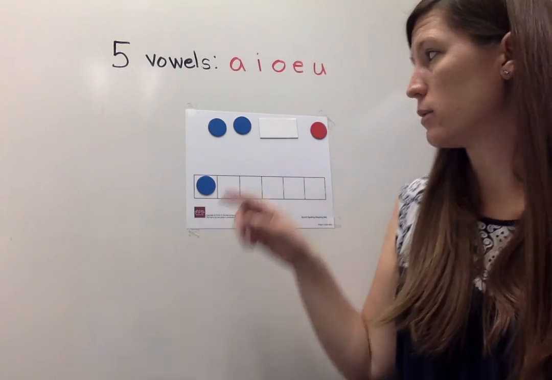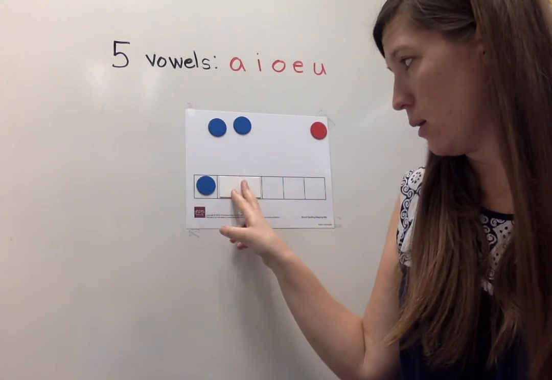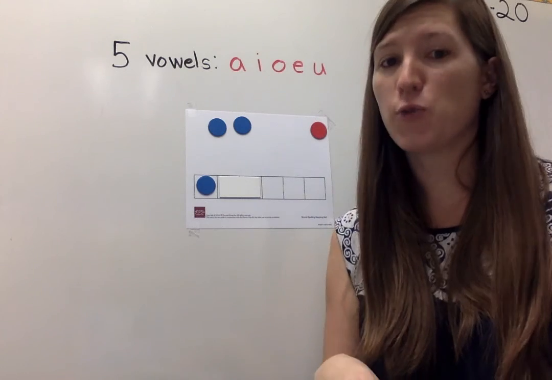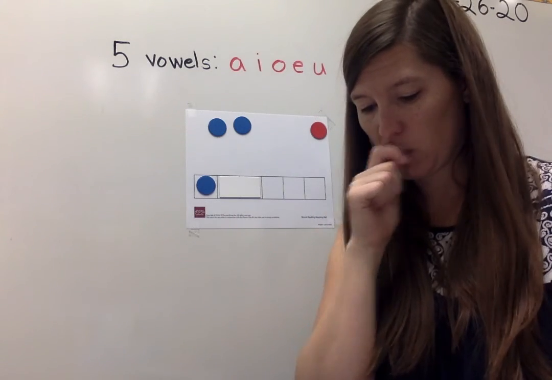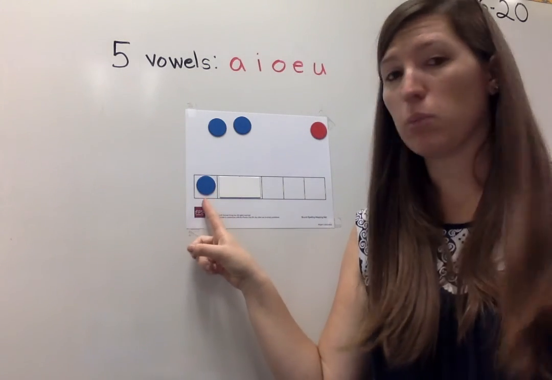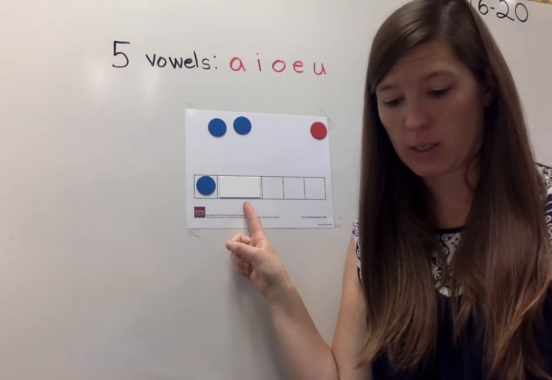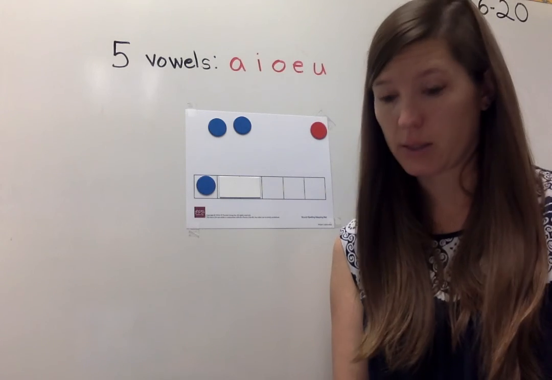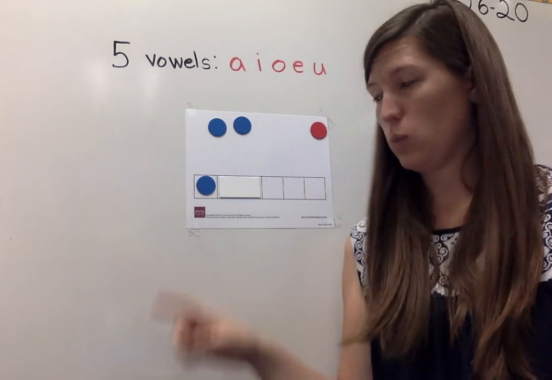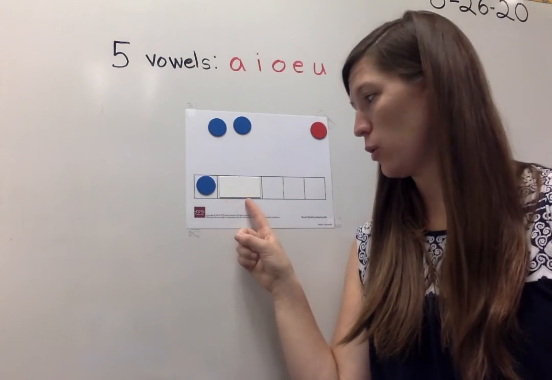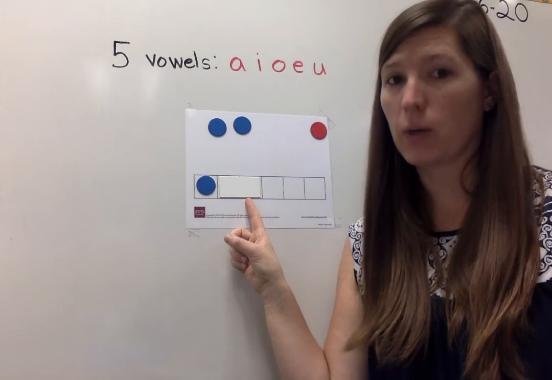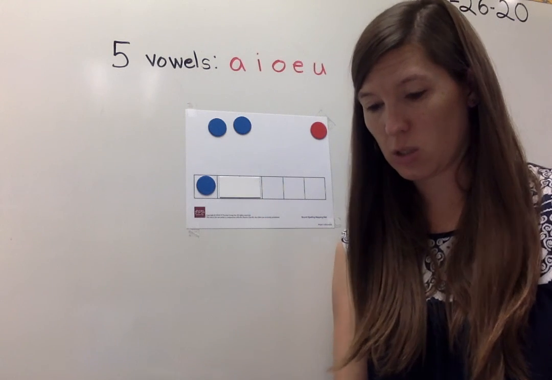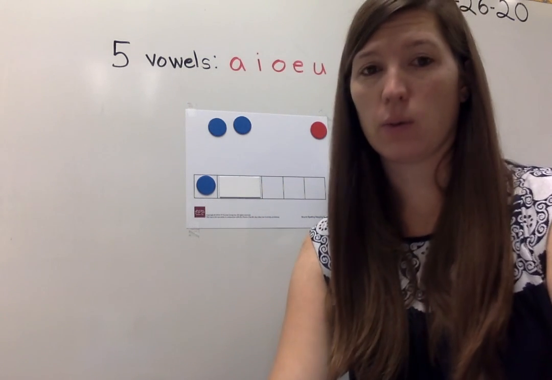The white rectangle. Let's move it down. An. What's my word again? Fan. What color chips did I use? Blue and a white rectangle. Does it follow the phonogram pattern? Yes, because we've got our vowel sound followed by a consonant M or N. So it does follow the pattern. Okay, that's our lesson today.